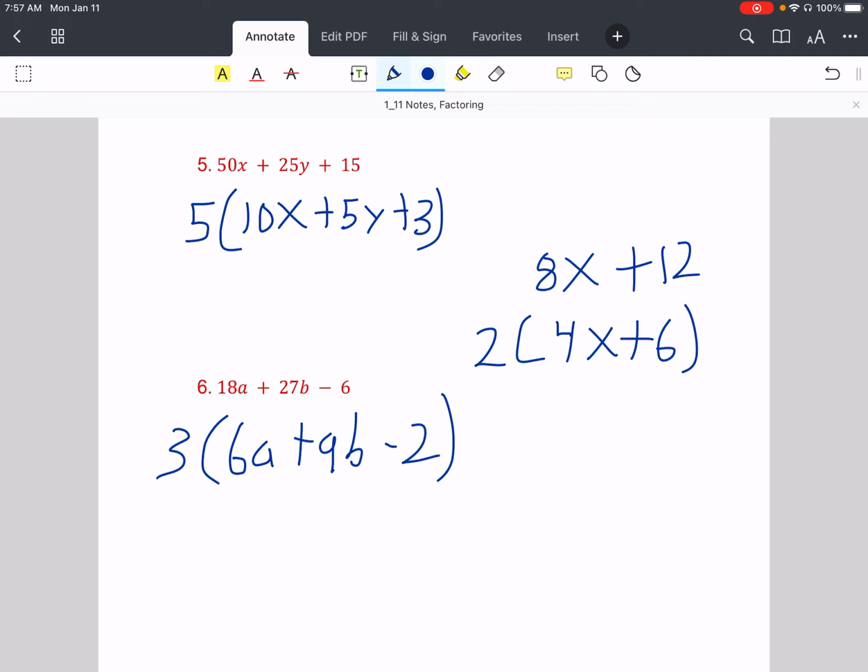If you realize that the 4 and the 6 can still be divided more, that means you are going to need to divide again or find the greater factor.